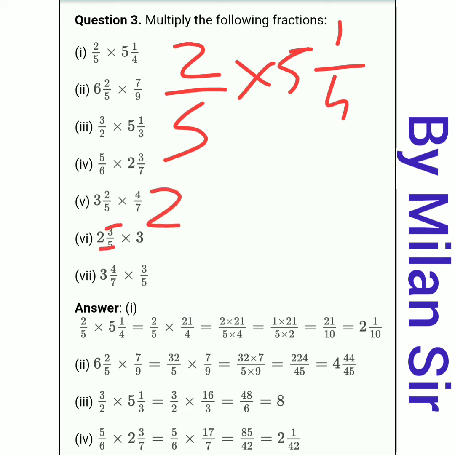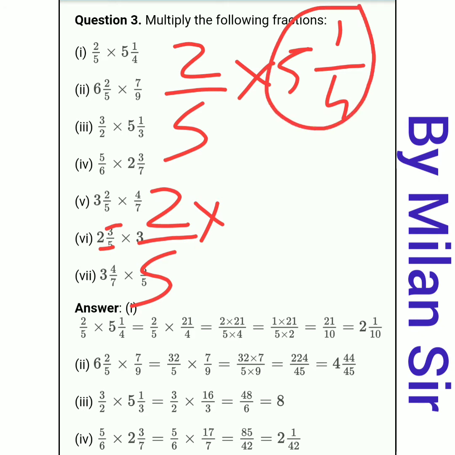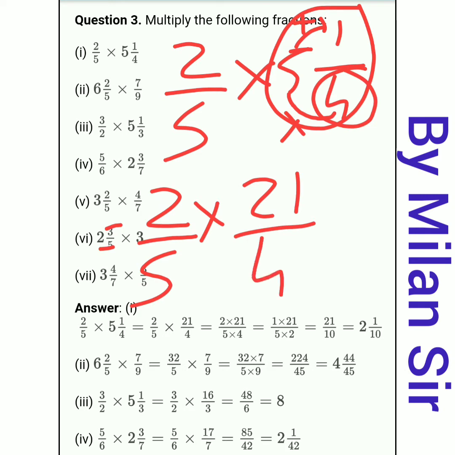First of all, 2 by 5 as it is, multiply. Now we need to convert this mixed fraction into improper fraction. So first of all multiplication, 4 5s are 20, plus we need to add the numerator, right? So 5 4s are 20 plus 1, 21 divided by 4.